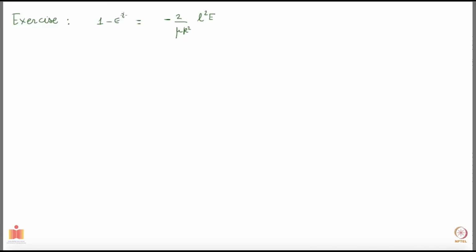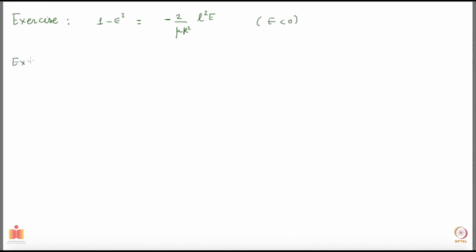Our epsilon is less than 1 because it's an ellipse, so epsilon square will also be less than 1, which means 1 minus epsilon square would be positive. On the right hand side, even though you have a negative sign, remember E is negative, which makes the entire thing positive. So this looks fine as far as sign is concerned. Let me put epsilon is less than 1 because it's an ellipse.